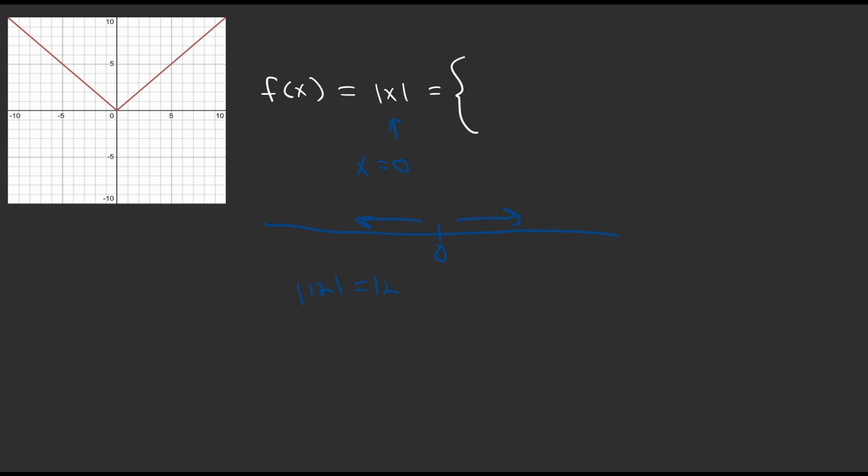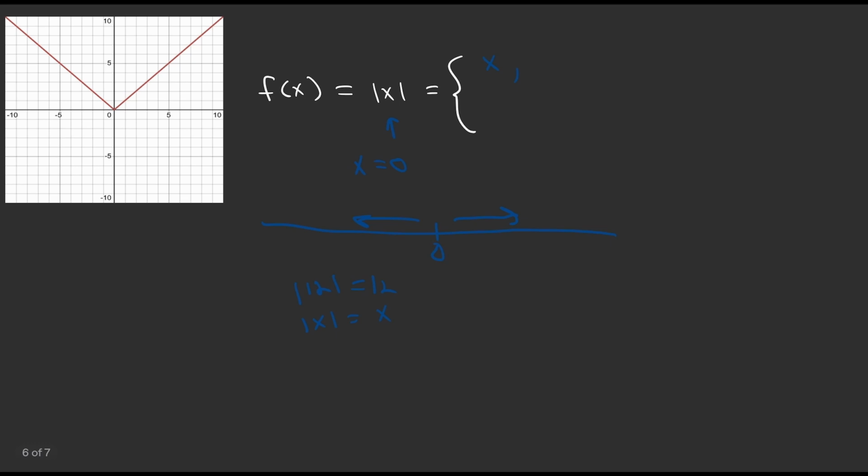So this essentially means that absolute value of x is going to be equal to x, right? Because 12 is equal to 12. All right, so here we're going to write that our function is f when x is greater than or equal to 0. Now let's look at what happens when x is less than 0 or negative.